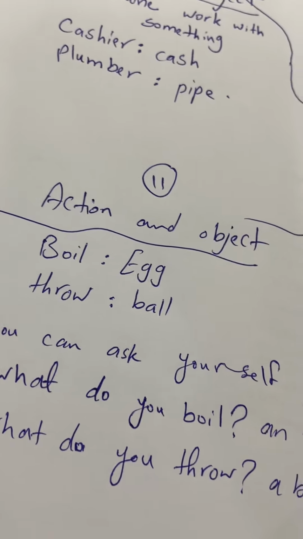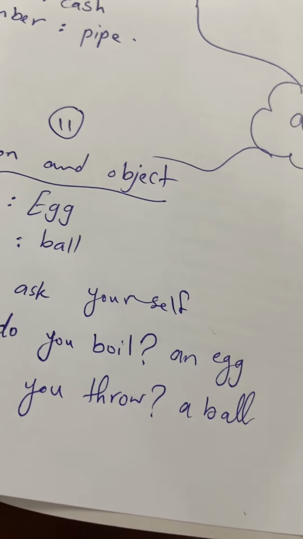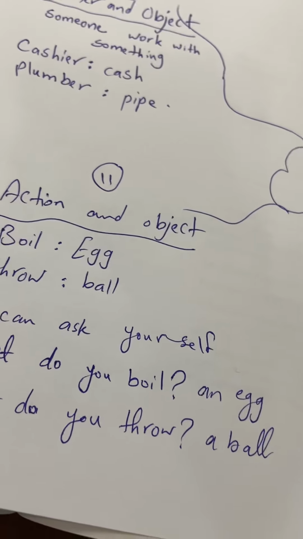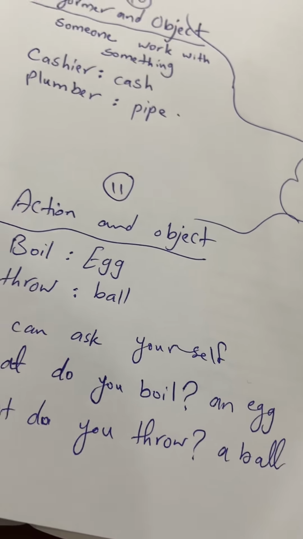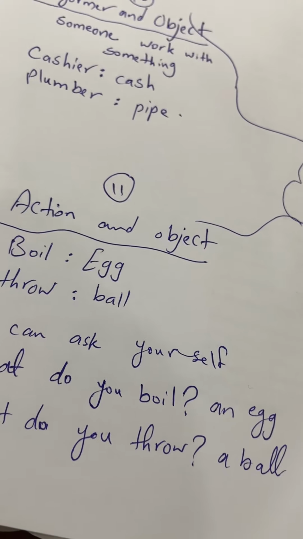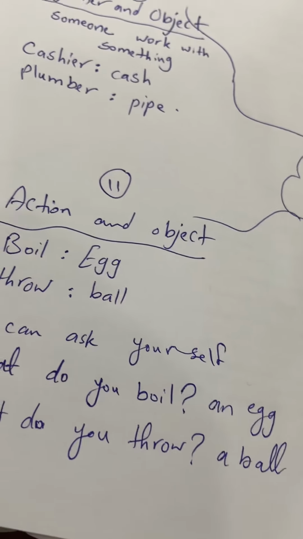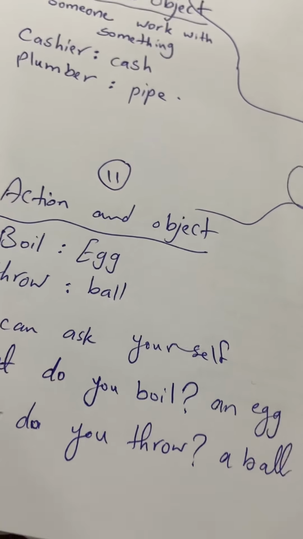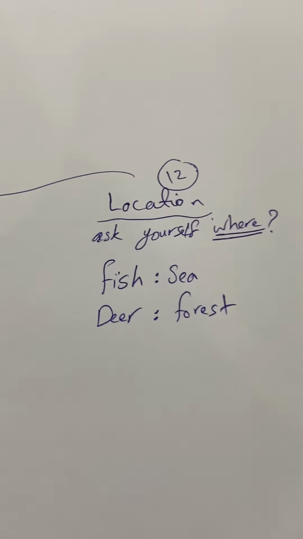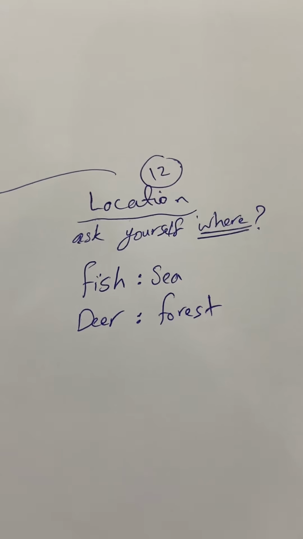What is the object you are throwing? It is a bowl. So this is the relationship action and object. It means you are doing something to something else. I will give you more examples after your homework.